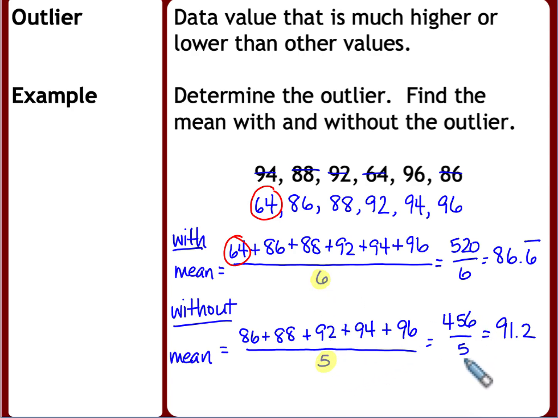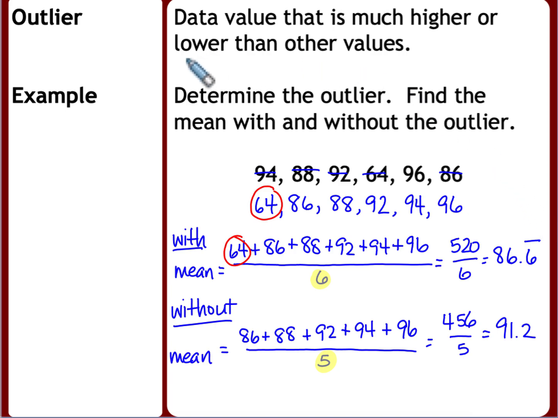So 456 over 5 is equal to 91 2/10. So notice a low outlier is actually going to drag down the mean. Okay, so a low outlier is going to make the mean lower. And then as you can imagine, a high outlier is going to raise the mean.